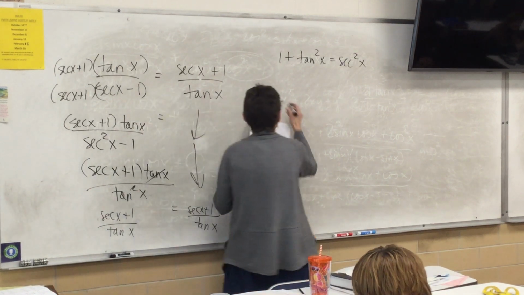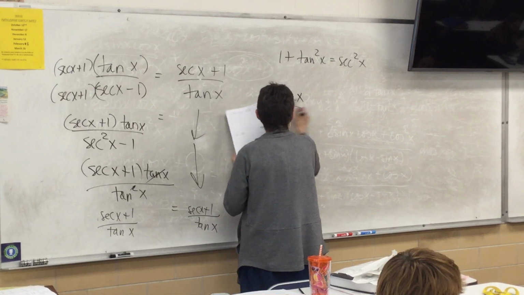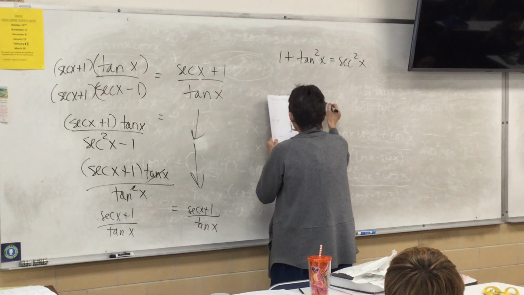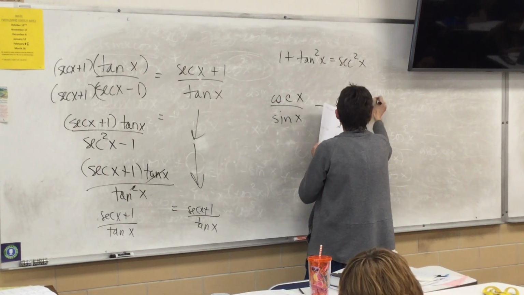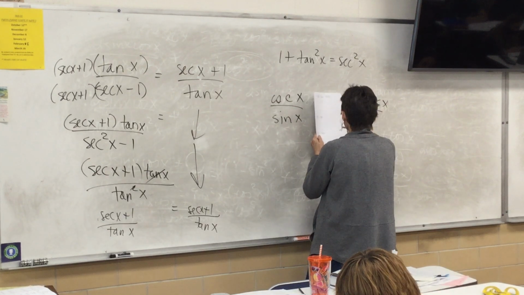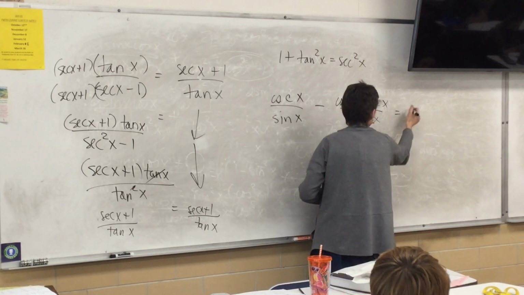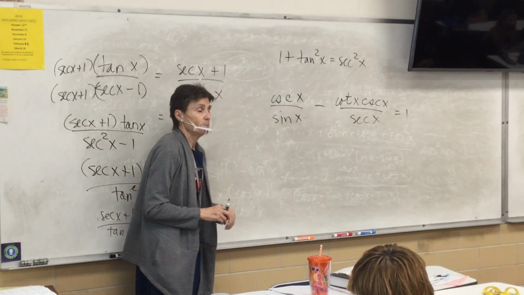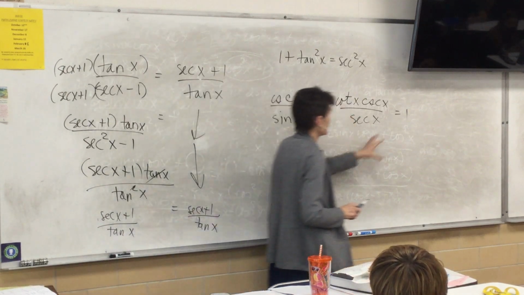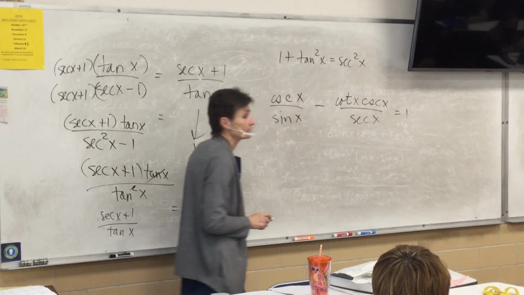All right, what about this one? Well, there has to be a lot of canceling here. I'm going to give you a minute to work on this on your own. There has to be a bunch of stuff canceling out because you have to end up with just 1 over here.